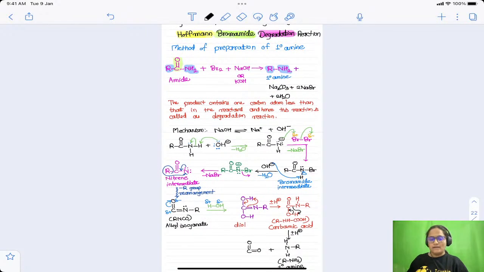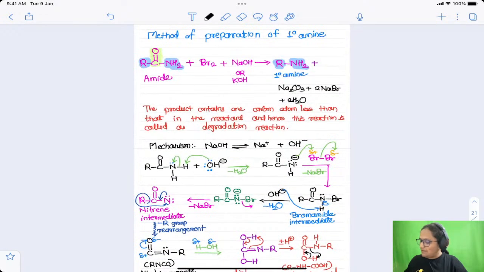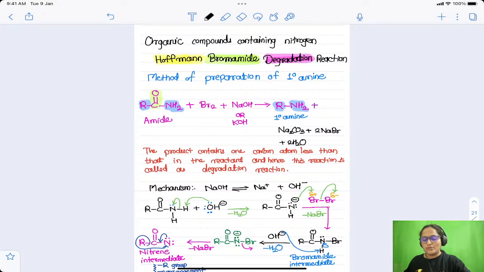Yes students, if you have any doubts in between, you can go on asking me in the chat box, right? I'll show you this mechanism again, and then we will see how to solve the question based on this.